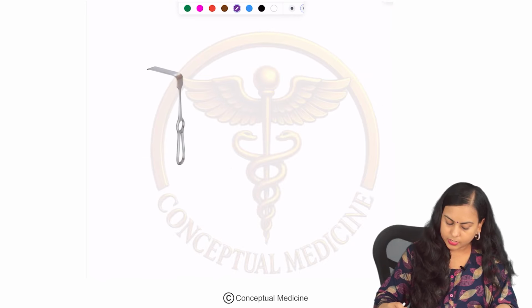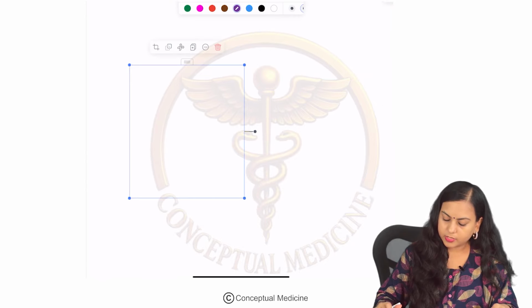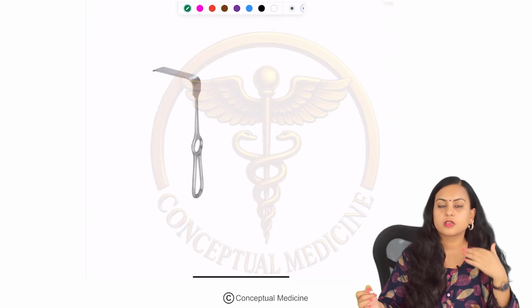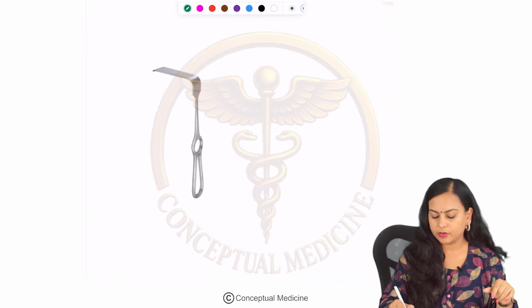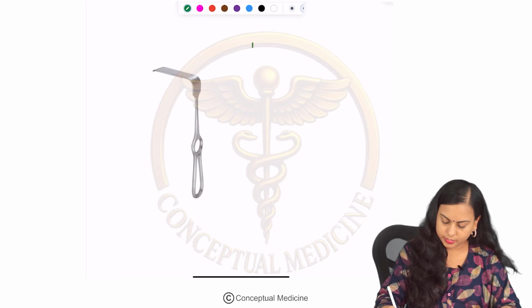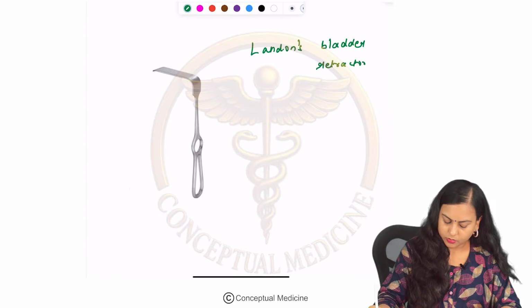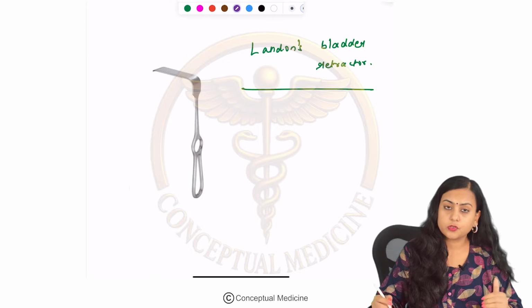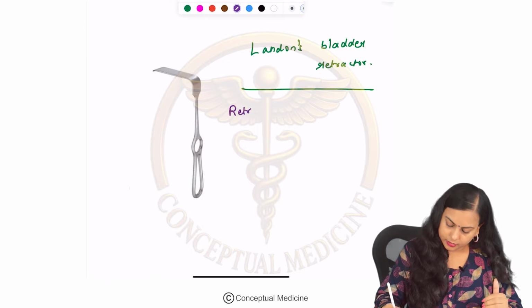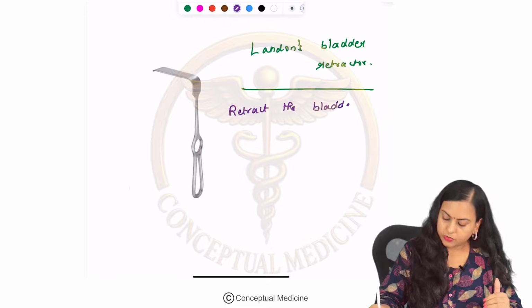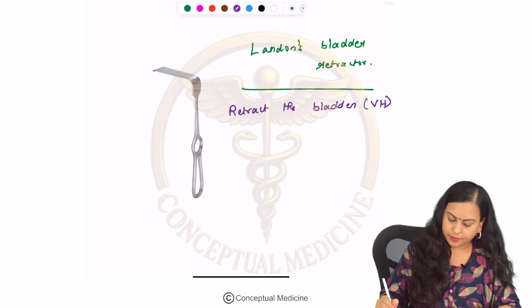Yes. Next one. What is this retractor called? This is an L-shaped retractor, and the name also starts with L. It is a Landet's bladder retractor. This is basically used to retract the bladder during your vaginal hysterectomy.